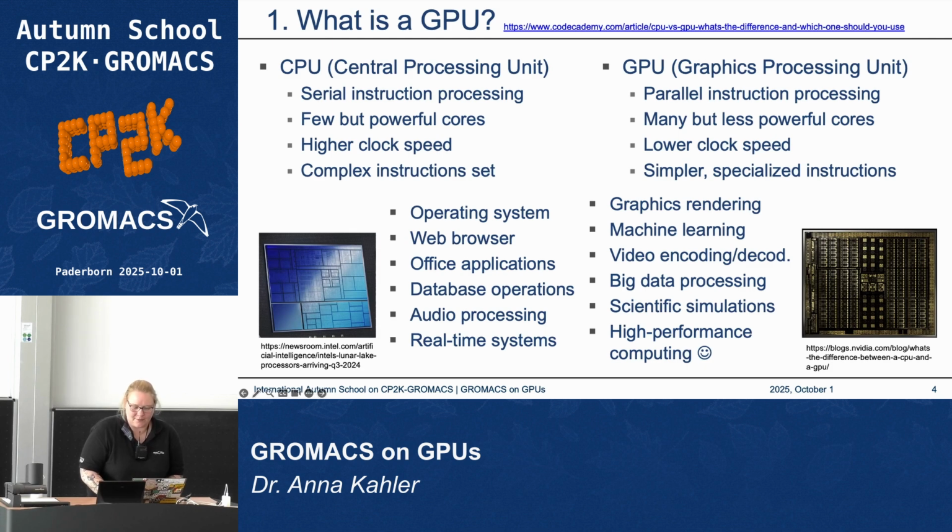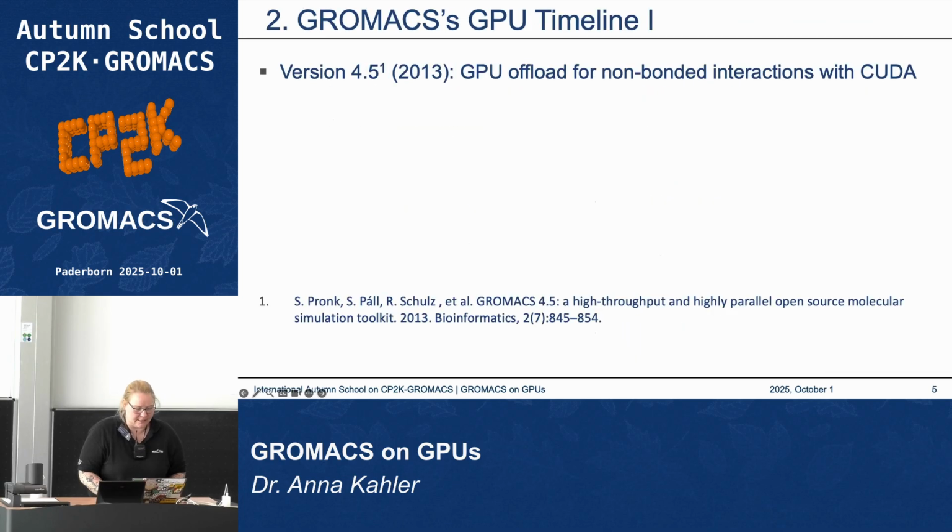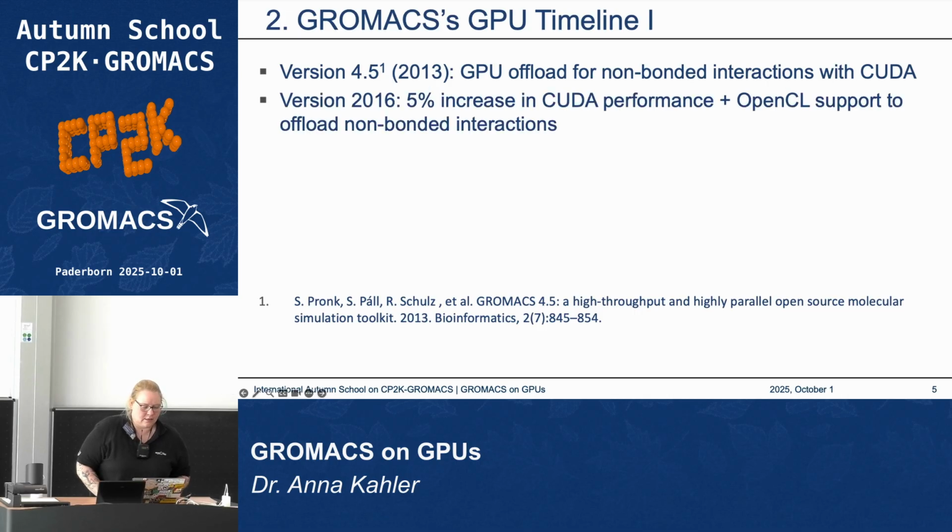Okay, so how came GROMACS to GPUs? GROMACS is an MD simulation code, and it was first implemented for CPUs, and in version 4.5, that was in 2013, they started using CUDA to implement the offloading of non-bonded interactions, and then in 2016 added OpenCL support for the non-bonded interactions, but also increased the CUDA performance.